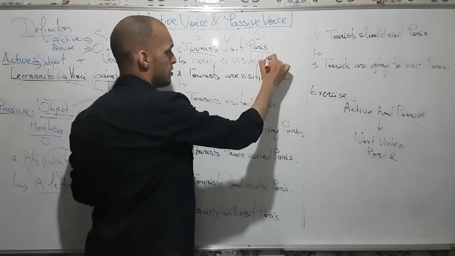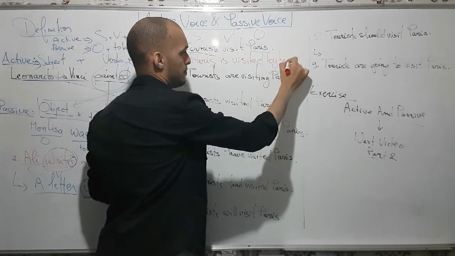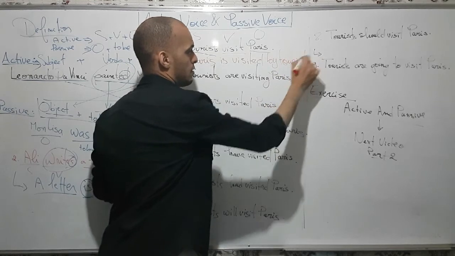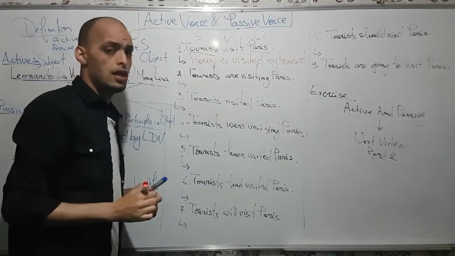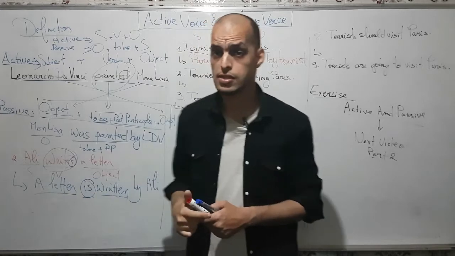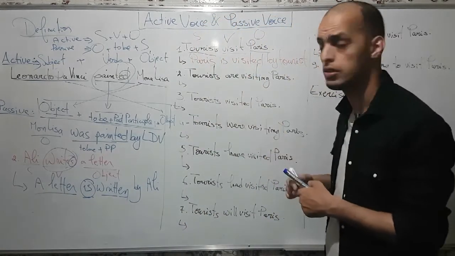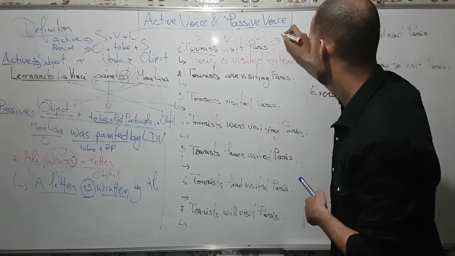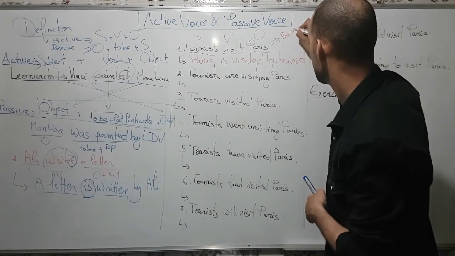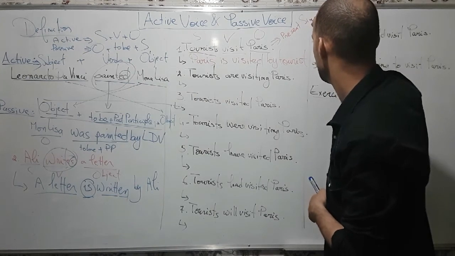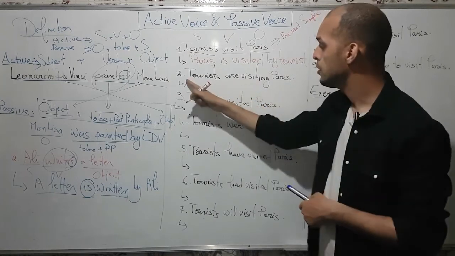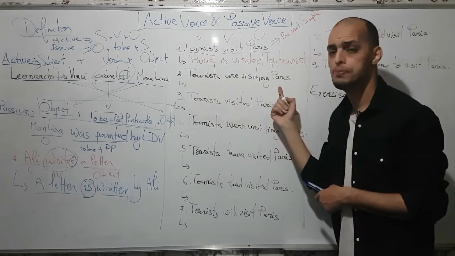By tourists. Very good. Sentence number two. So this is the present simple. Okay, number two, tourists are visiting Paris.